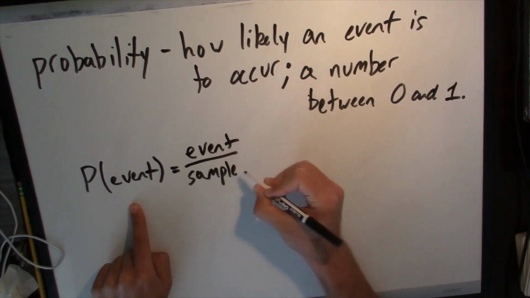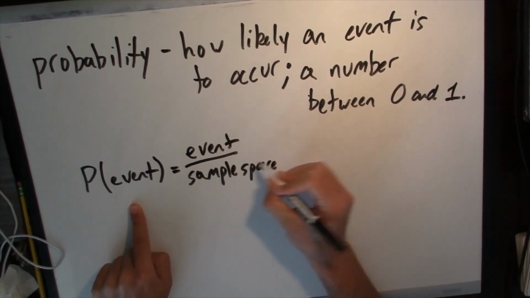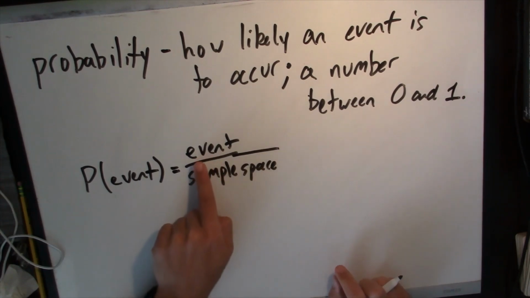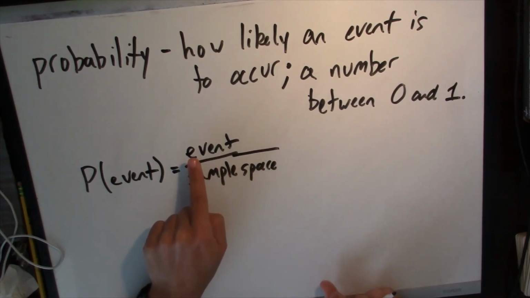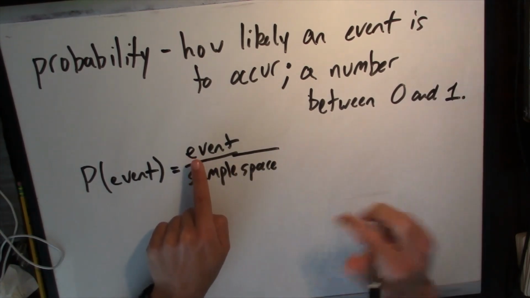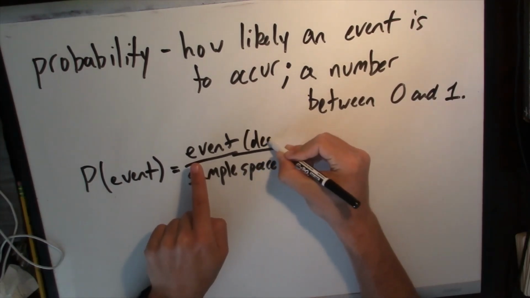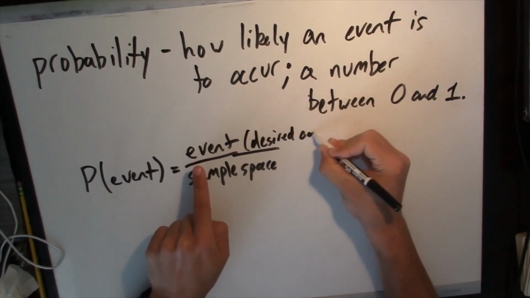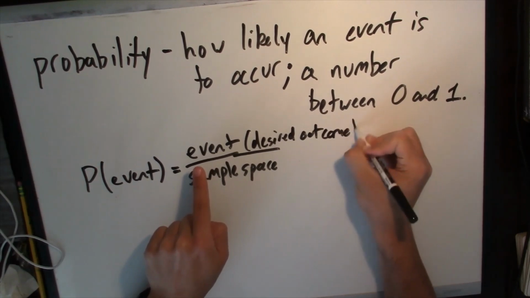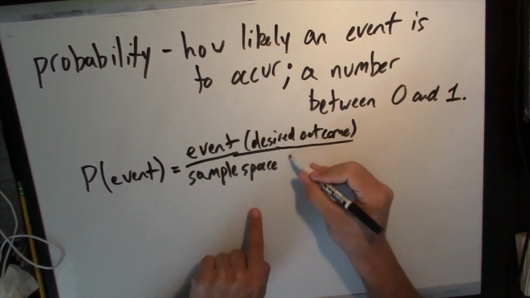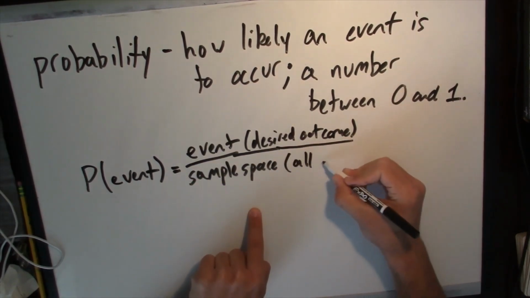So we're talking about how many elements are in the set. So we have the event, which is the set of the desired outcome. Okay, so this is the desired outcome. And we have the sample space, which is all outcomes.